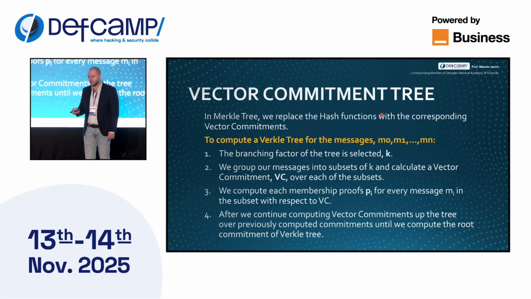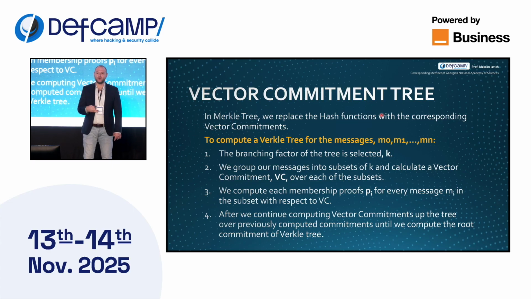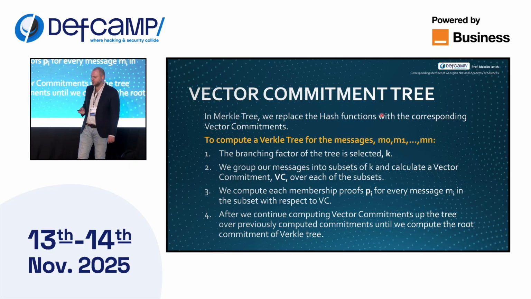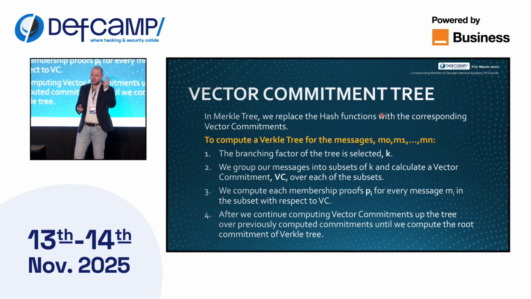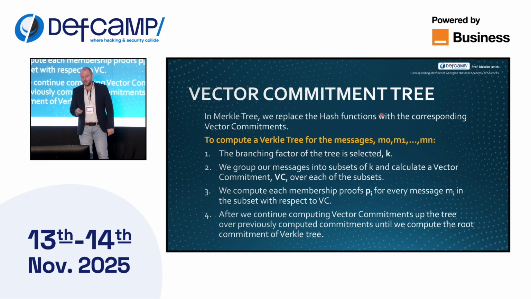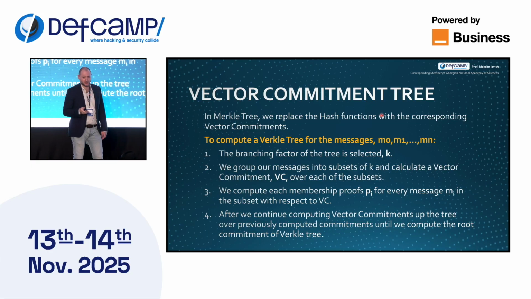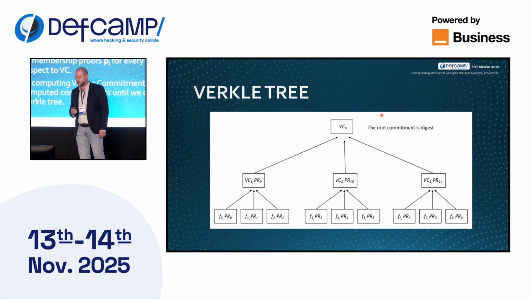It was offered as a tree, but our team is the first who has created a digital signature using this tree. It uses Verkle commitments. So, Verkle tree is exchanged with Merkle tree, and instead of hashing, we use vector commitments, and we calculate the proofs for these vector commitments to verify that they are correct and not changed.